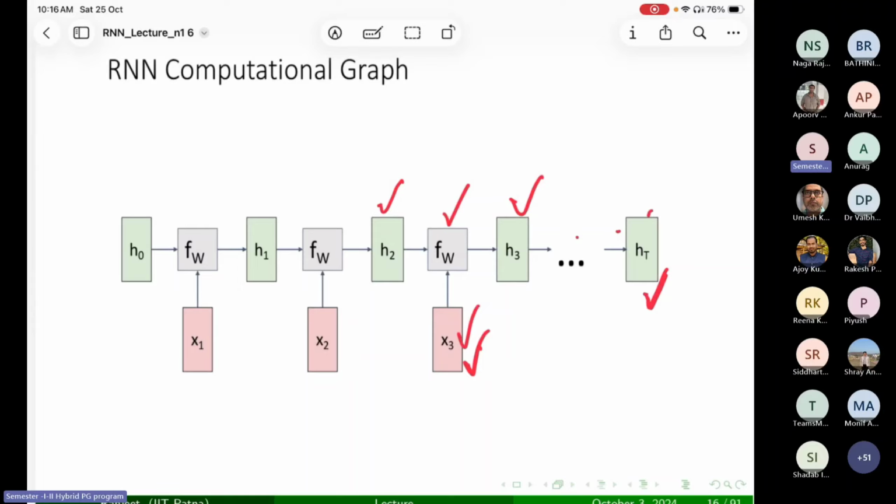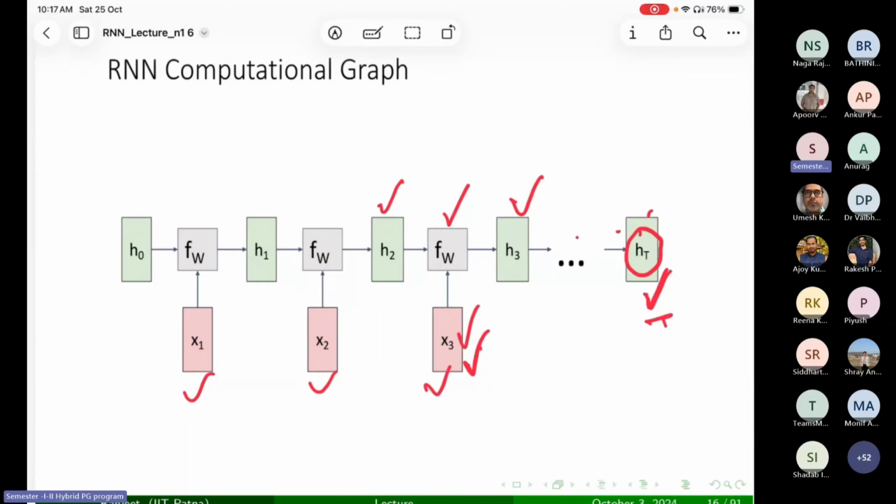And finally, you will be stopping somewhere, maybe at the last state. Suppose you have processed all the words of the given paragraph, and now at the end you have to take the decision. Suppose you are doing sentiment analysis, so you have processed all the words of the paragraph, and at the end you have to stop. That will be the final state, and at the end you have to take the decision of what is the class of this paragraph.